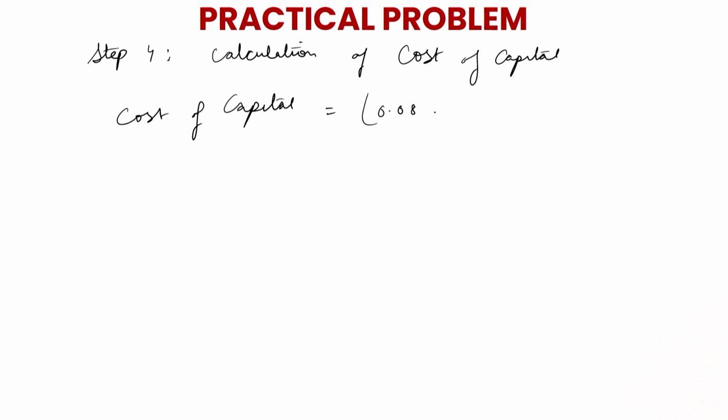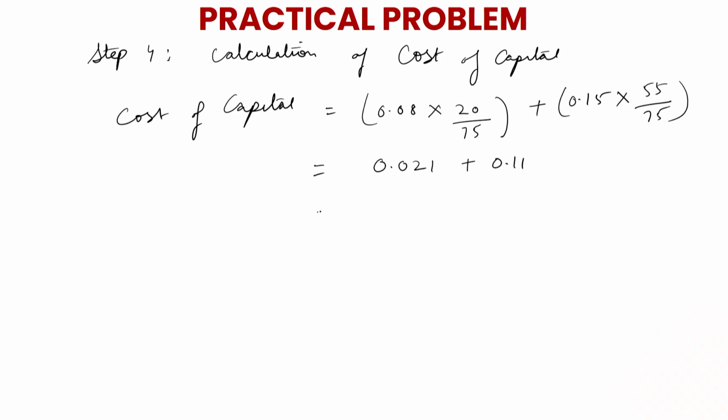So 0.08 I have taken of the total capital we are utilizing as per the weights, then 0.15 for the debt, which we used as 55 out of the total 75 of the capitalization of the company. So we reached a figure of 0.021 plus 0.11, which falls to 0.131. As we have to compute the cost in percentage, we multiply it with 100 and we reach the figure of 13.1%.